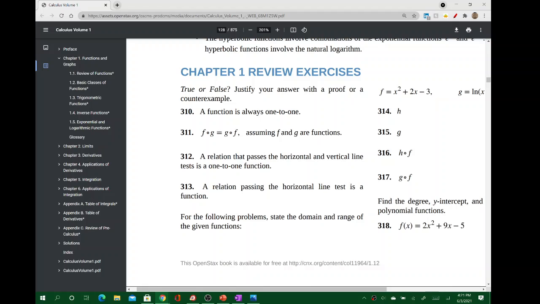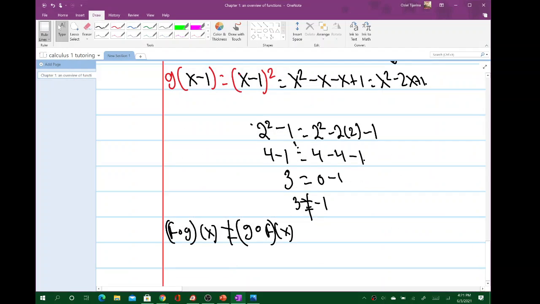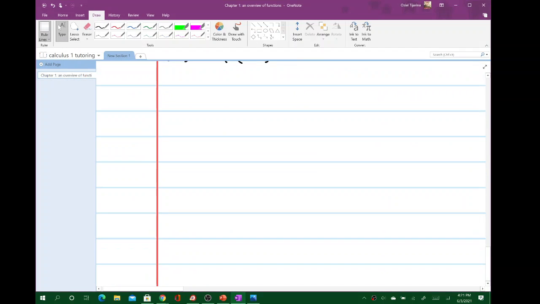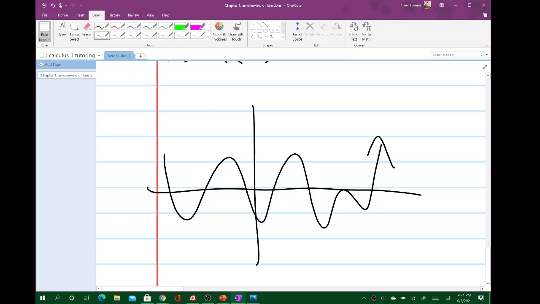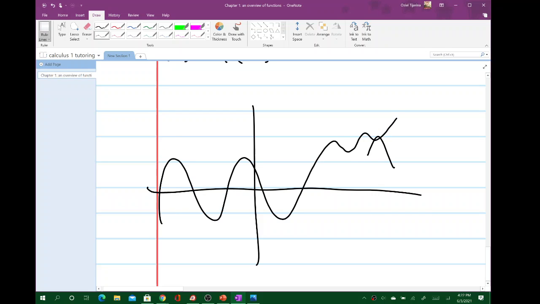If it doesn't pass the vertical line test, so for example, let's say I have something like this. We're just going to put it like this, right?